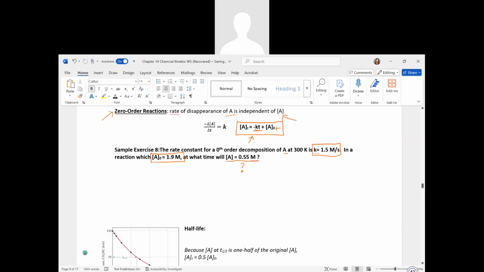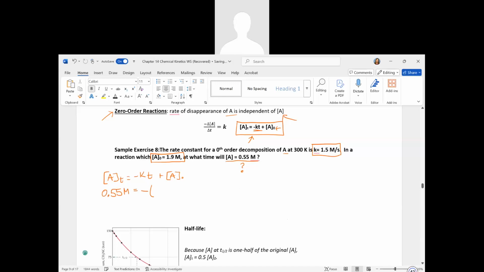So we can set up our equation: A sub t equals negative k times t plus the initial concentration of A. For A sub t, we want to know the time at which we're at 0.55 molar.